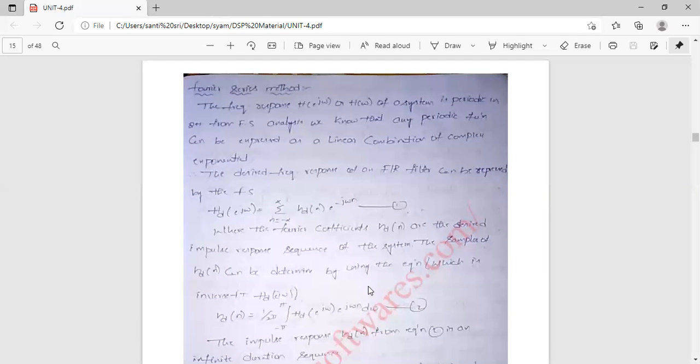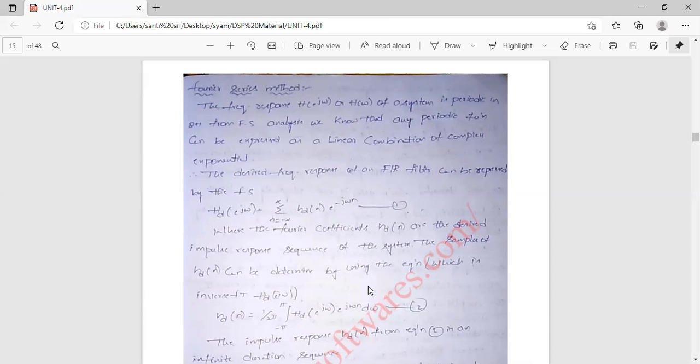Using Fourier series analysis, we know that any periodic function can be expressed as a linear combination of complex exponentials. The desired frequency response of an FIR filter can be represented by the Fourier series.